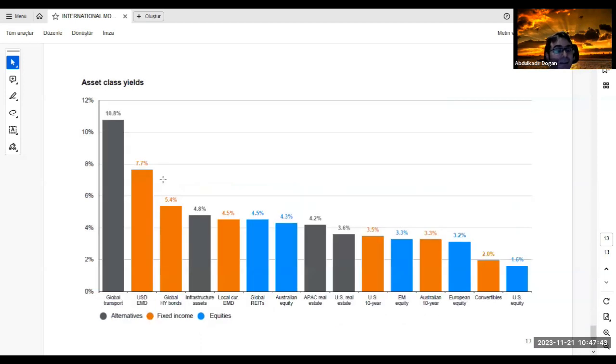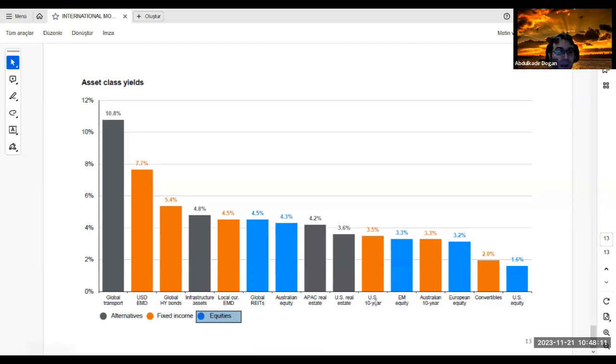And the last slide from my side. Here I have asset classes. Fixed income, the orange line, is today's topic, along with alternative investment and equities. Equities means the stock exchange, like Apple, Microsoft, Alibaba, Amazon, those types of companies. Fixed income is government securities, and then alternative investment.